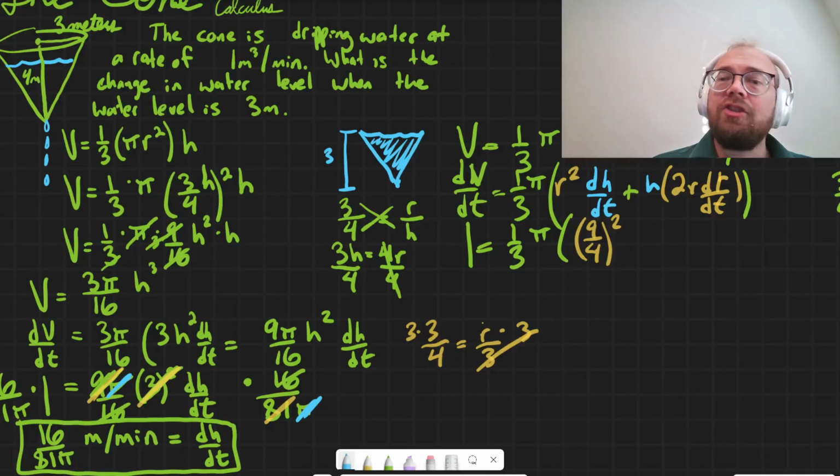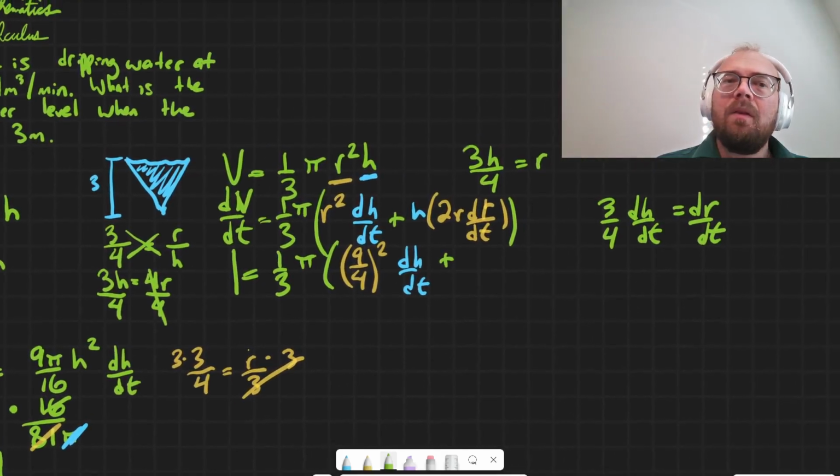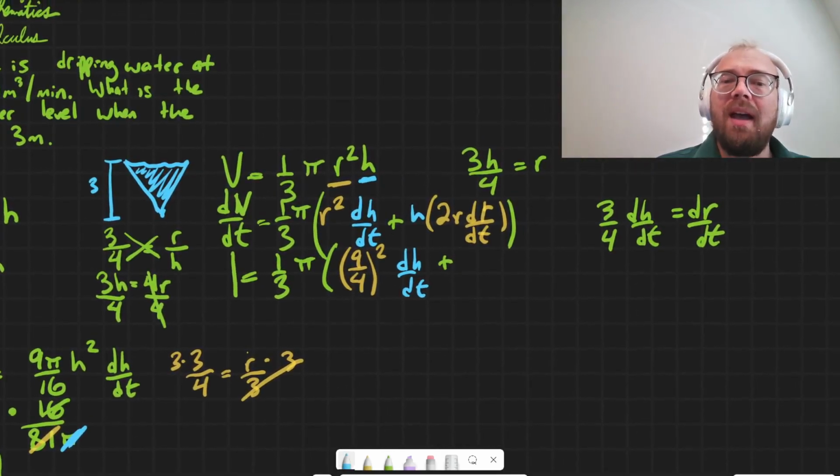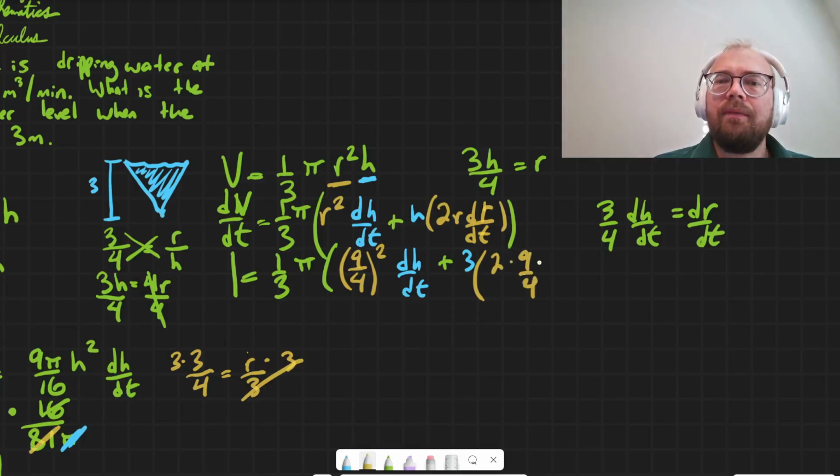And then dh dt is what we're solving for, plus the height, which we said we're looking for when the height is 3 meters. So we'd plug in 3 times 2 times the radius, which is 9/4, times dr dt, which dr dt is equal to 3/4 dh dt.